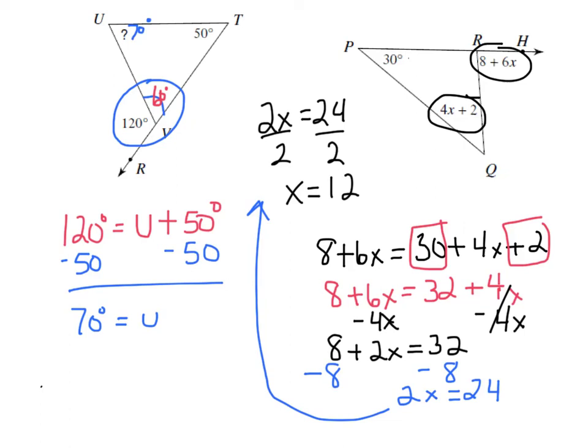So let's look at the interior angle. 4 times 12 is 48 plus 2 is 50. So that is 50 degrees. Let's plug it into our exterior angle. 6 times 12 is 72 plus 8 is 80 degrees.